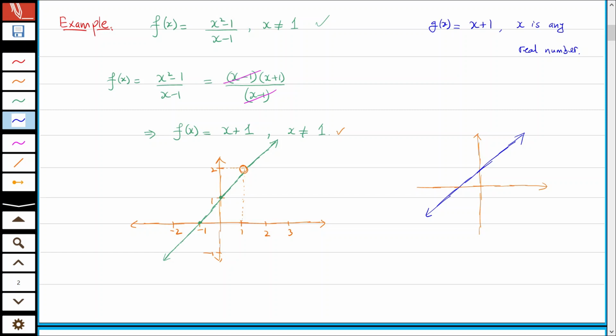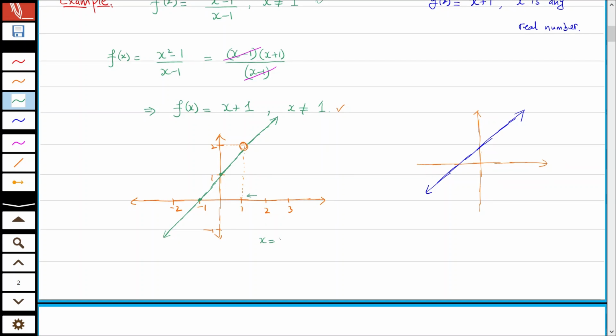Now, let's check the limit of the function when x goes to 1. I do not have the value of the function at x equals 1 again. The function is not even defined at 1. I cannot even talk about this value. Suppose I walk towards x equals 1 from that side. I take, for example, x equals 1.2.